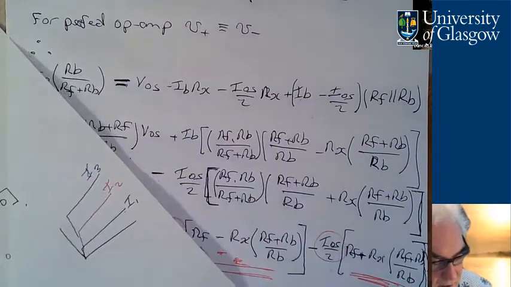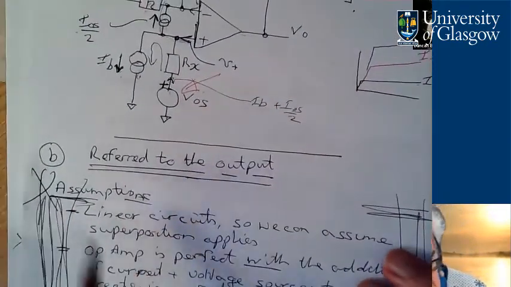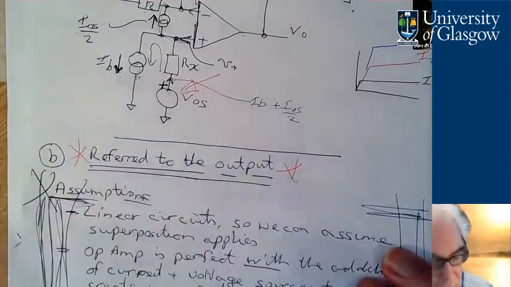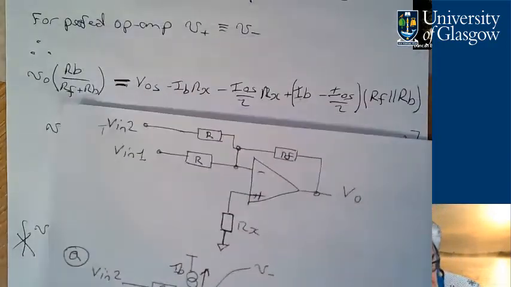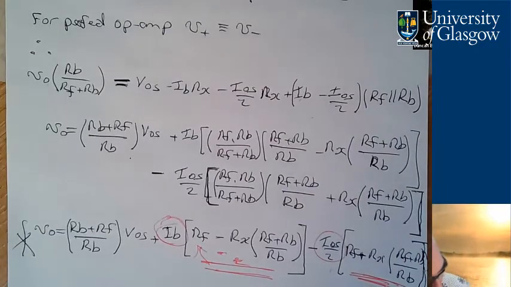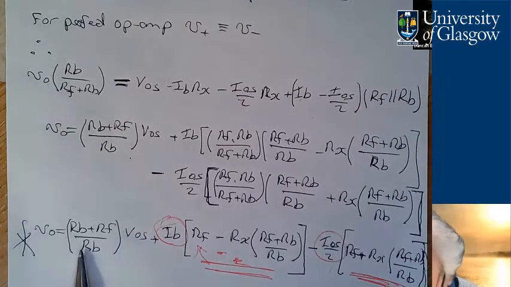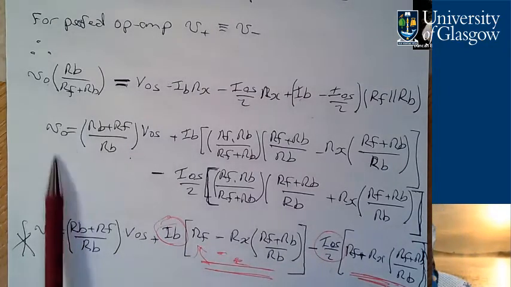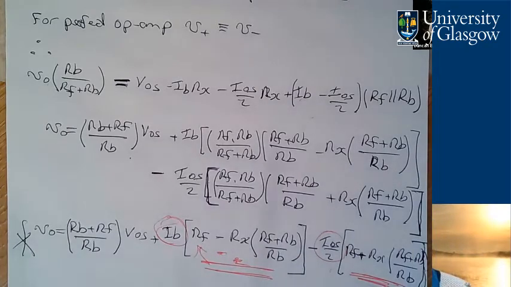Now, earlier on I said I wrote down referred to output at the start, because in last year's exam, and there's usually a question of this type, of the students who answered this question adequately and got down to this area, about 75% of those failed to refer it to the output.